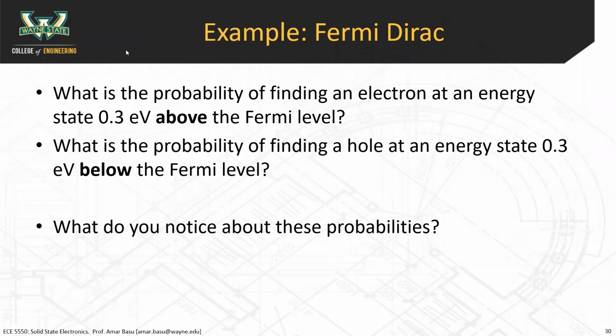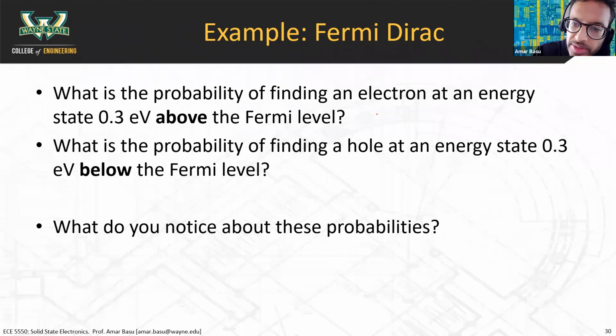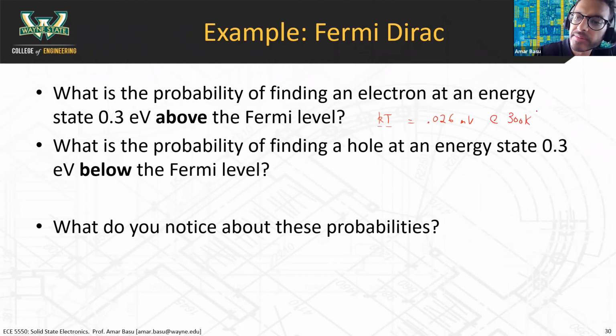I'll give everybody a little bit of a hint here. You're going to see that the Fermi function has this thing kT. K is the Boltzmann constant and T is the temperature. If you multiply those two out in MKS units, you will find that kT is equal to 0.026 electron volts at 300 Kelvin.